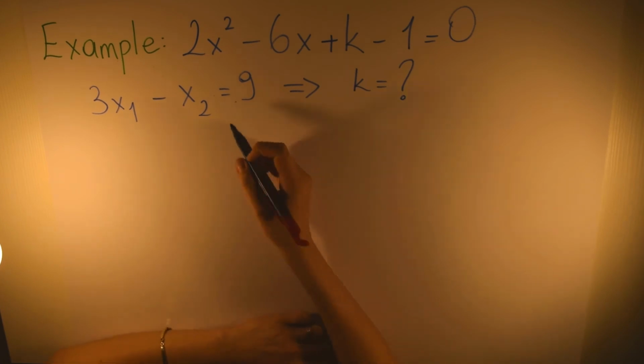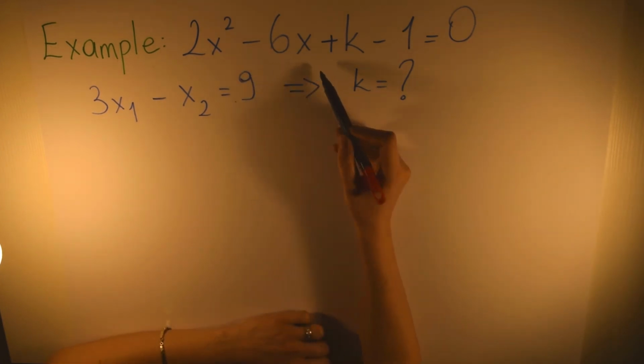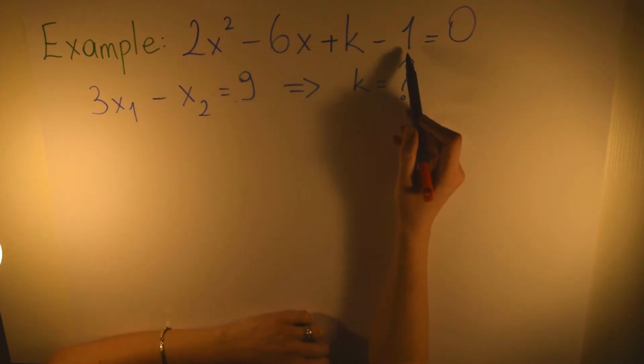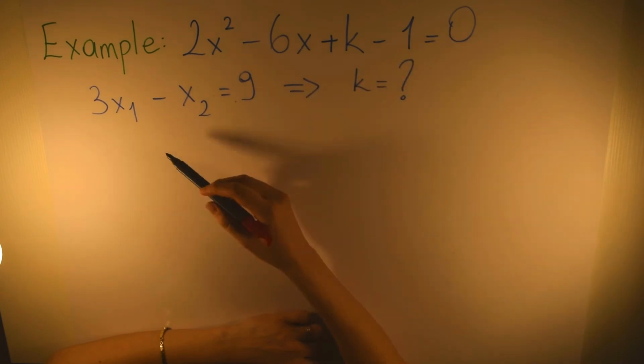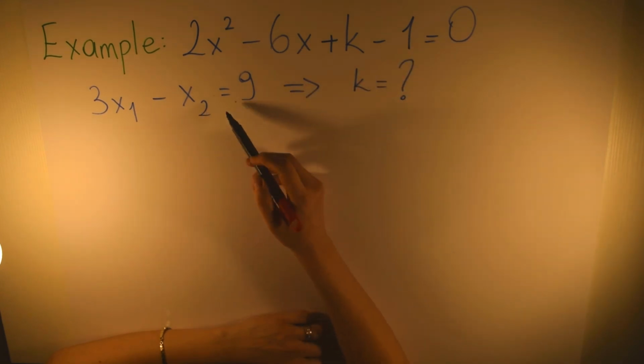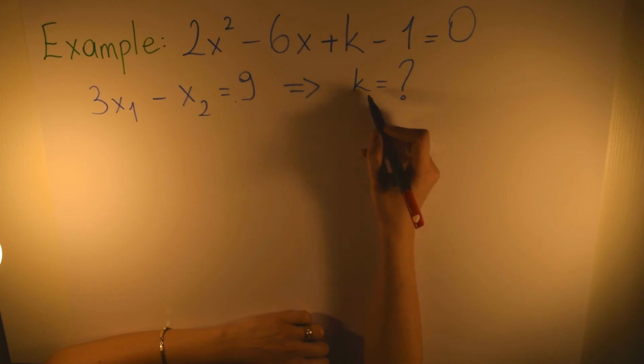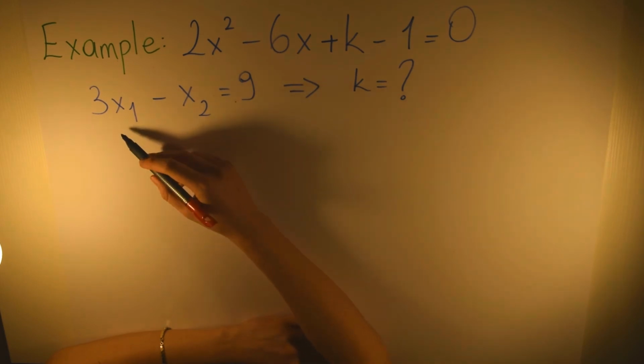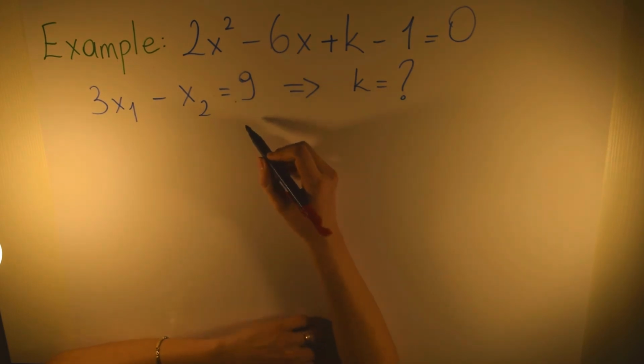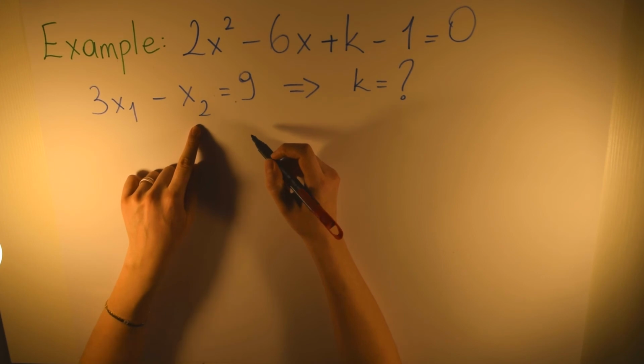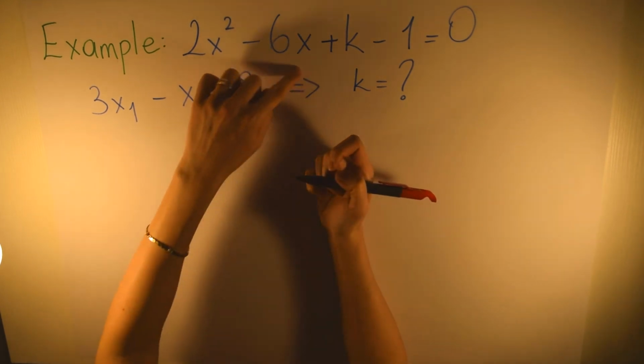Here we have 2x squared minus 6x plus k minus 1 is equal to 0, and 3x1 minus x2 is equal to 9. So what is k? In this kind of question, they give us this equation, right? Here x1 and x2 are the roots of this equation.